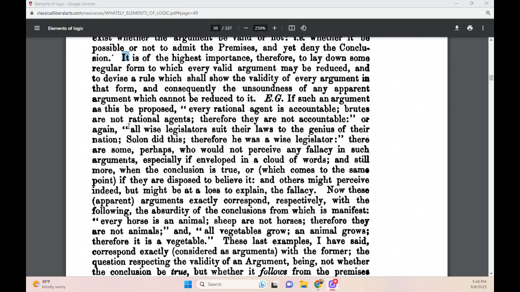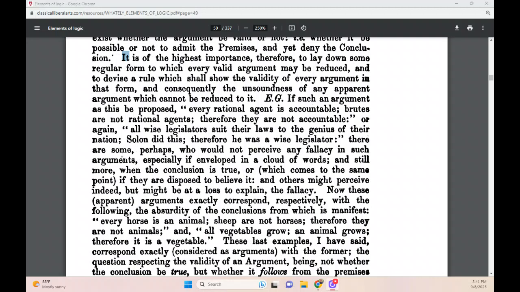Brutes are not rational agents. Therefore, brutes are not accountable. Or again, all wise legislators suit their laws to the genius of their nation. Solon did this. Therefore, Solon was a wise legislator.